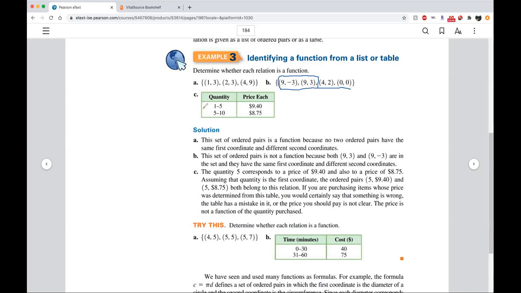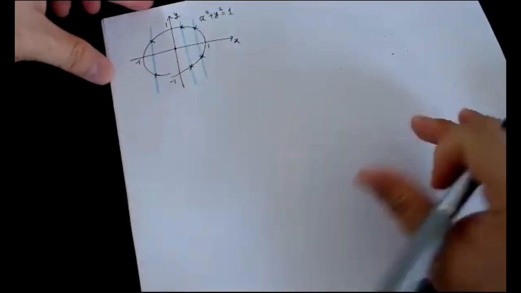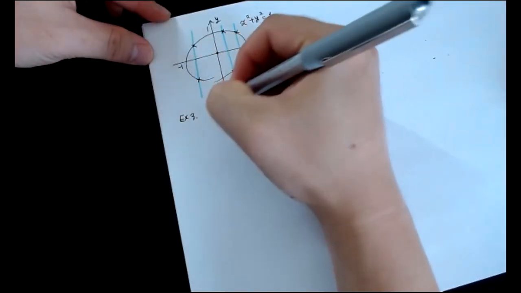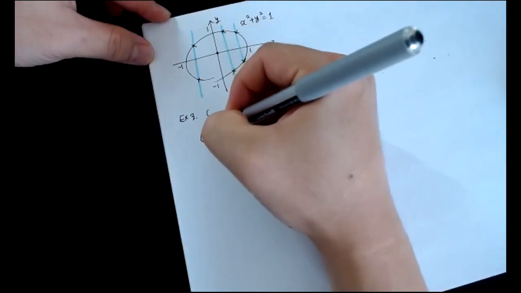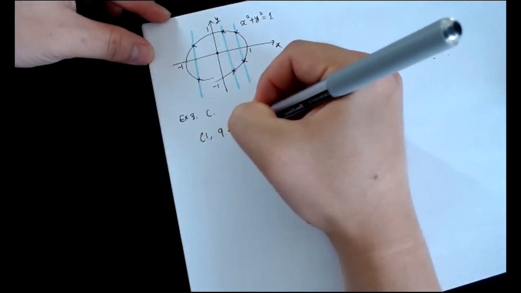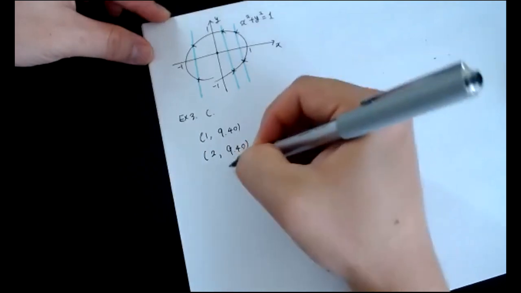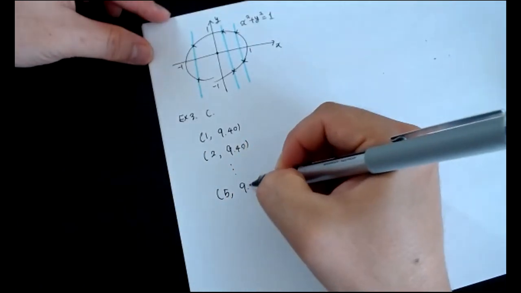And then C. You see that here a table is given, but to better understand, let's express that table as a set of ordered pairs. Back to the sketch paper, example 3, and then C. So we get (1, $9.40), and then quantity 2, $9.40, through 5, $9.40.